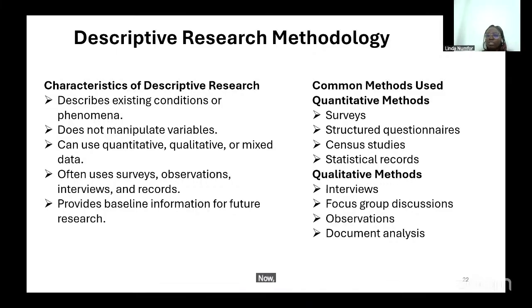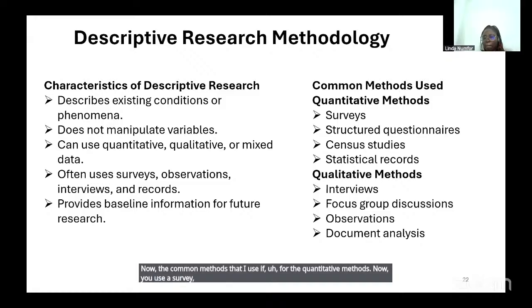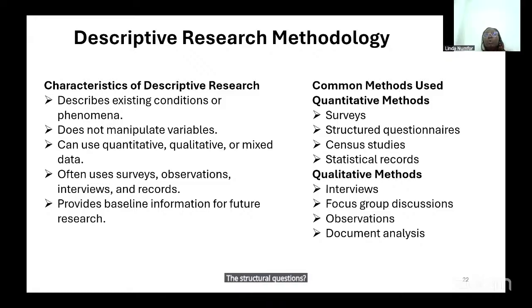Now, the common methods that I use, for the quantitative methods, you use the survey, the structured questions, where you see that, okay, the people in this province in a particular country have HIV more than another province. So what causes it?